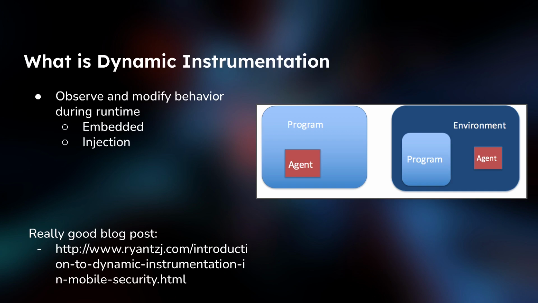Instead of modifying the app source code directly, you inject some piece of code that hooks into the target app's memory while it's running, and then you perform some kind of real-time analysis of the behavior, and that's the whole point.